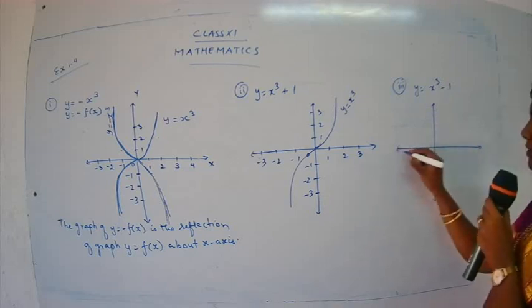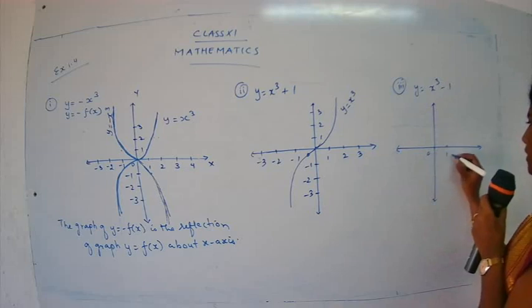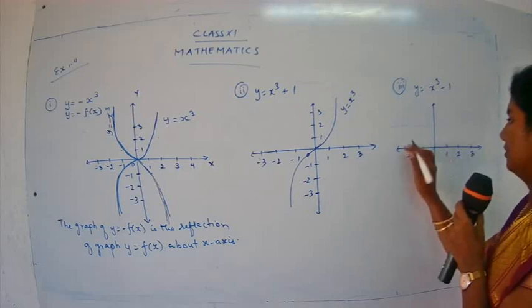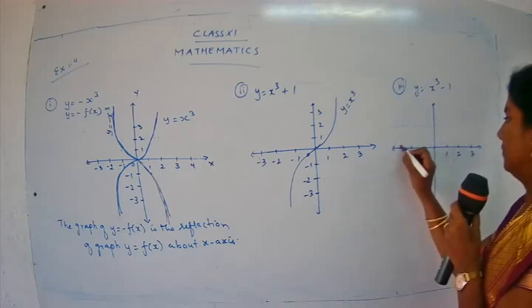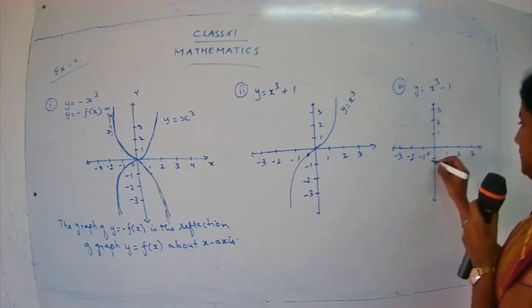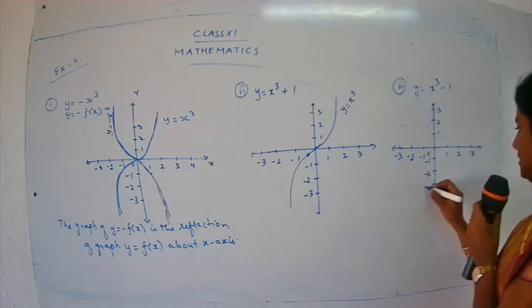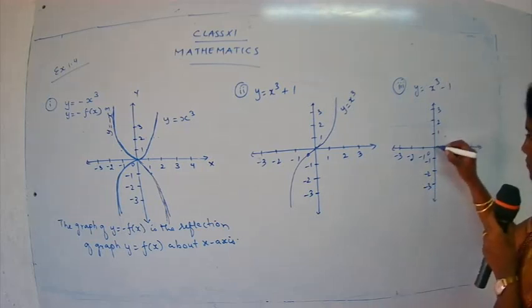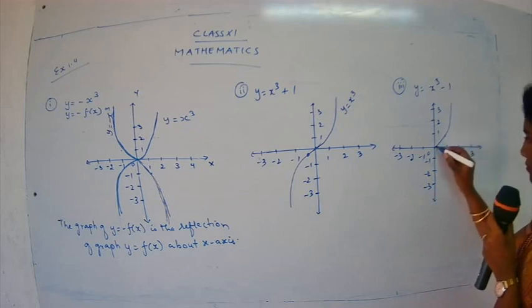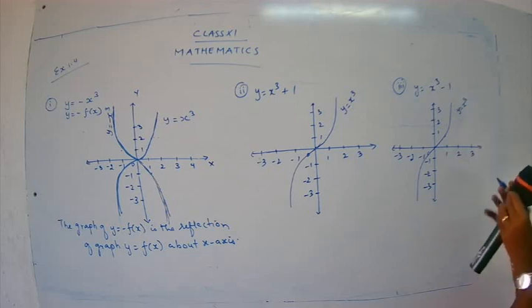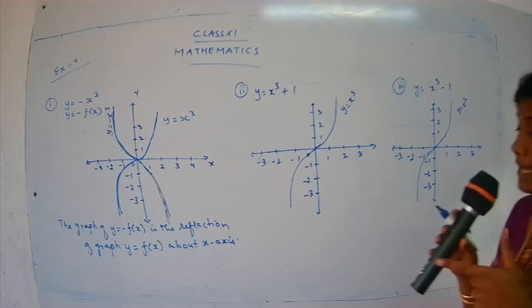I'm just drawing the graph and keeping it ready, that's all. 0, 1, 2, 3, minus 1, minus 2, minus 3. 1, 2, 3, minus 1, minus 2, minus 3. From 1, 1, it goes from here to here, and from here to here. So y is equal to x cube. For y is equal to x cube, I told you that we need the original figure and then only we can go for the answer.